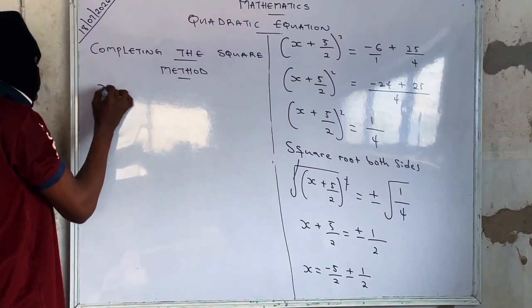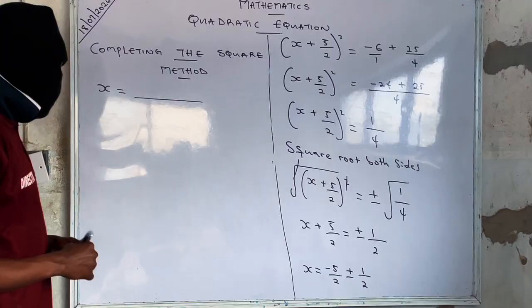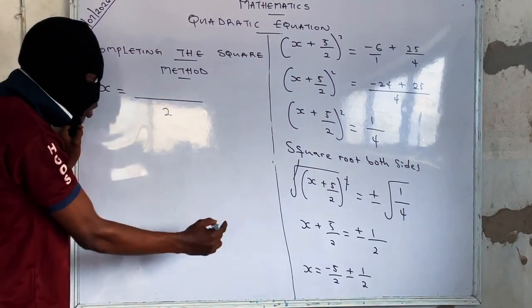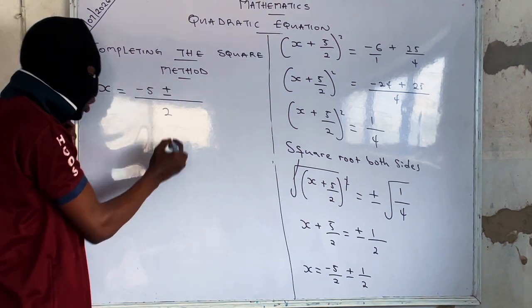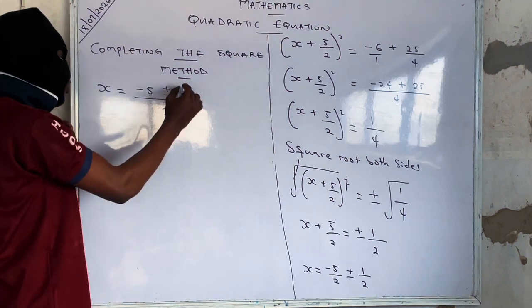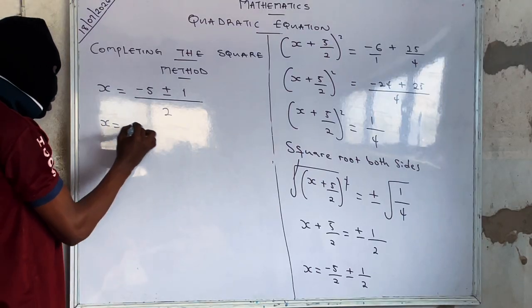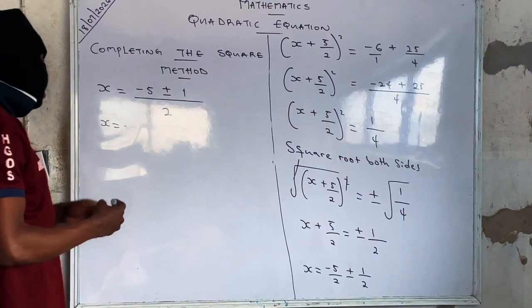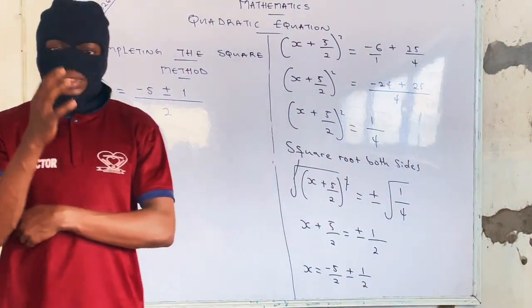What you are going to do is find the LCM. The LCM of 2 and 2 is 2. 2 into 2 is 1, 1 times minus 5 will give us minus 5. Then we have plus or minus, 2 into 2 is 1, 1 times 1 will give us 1. Then we have x equals minus 5 plus or minus 1 over 2. So what we are going to do is split it.